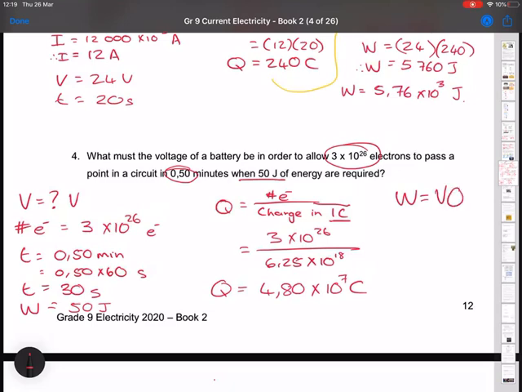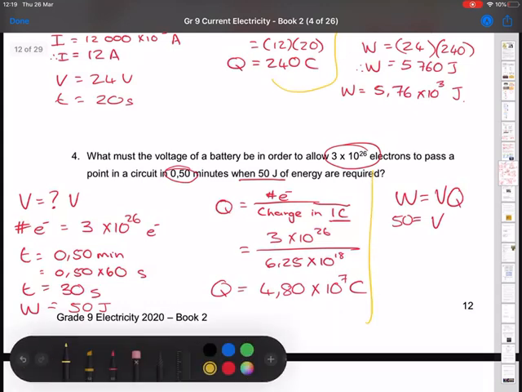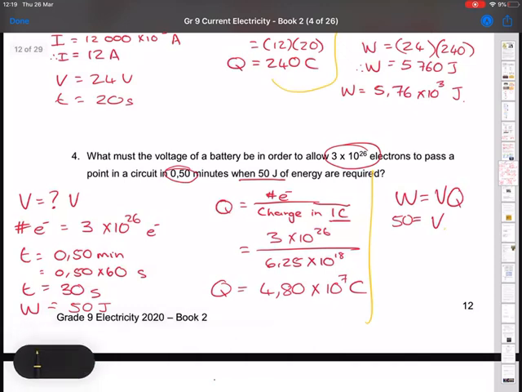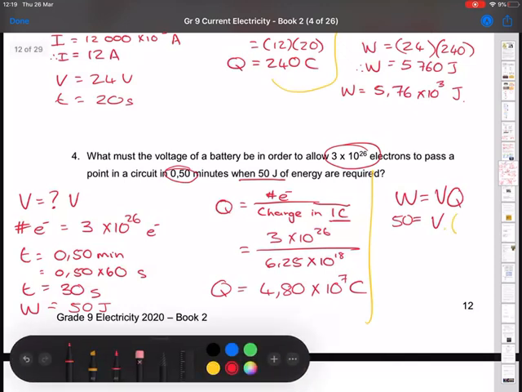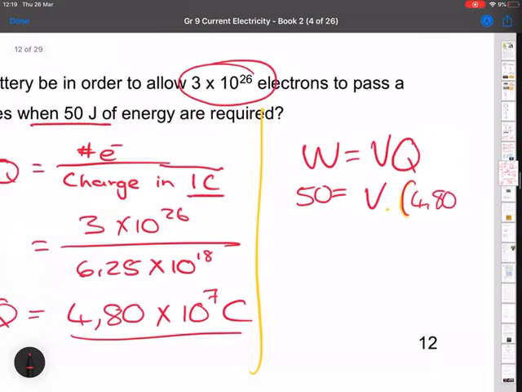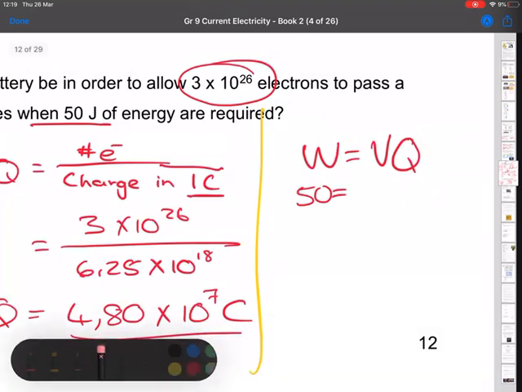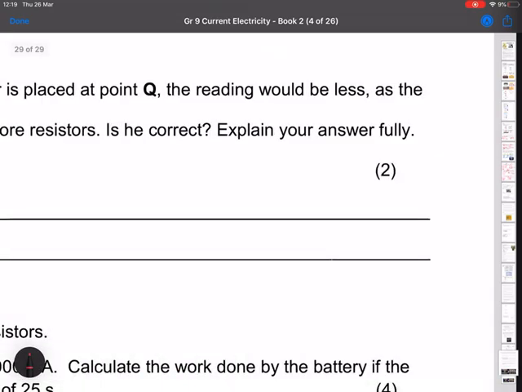And now we can use our W is equal to VQ formula. So our W is 50 joules, and our Q is going to be 4,80 times 10 to the 7. I've run out of space, I'm just going to rewrite this.